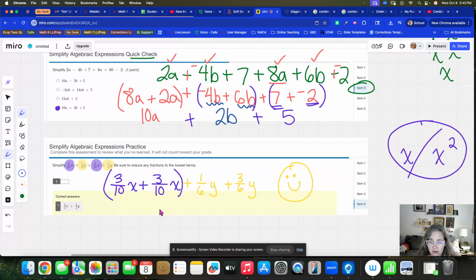So, if they have the same variable, I know the common denominator is 10. It's going to stay the same. I'm going to add the numerators, 3 plus 3.